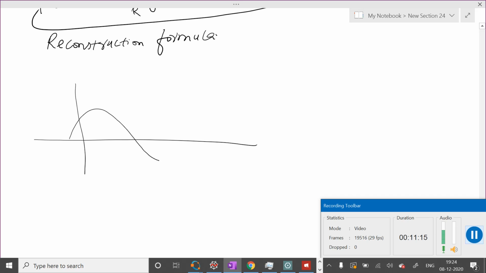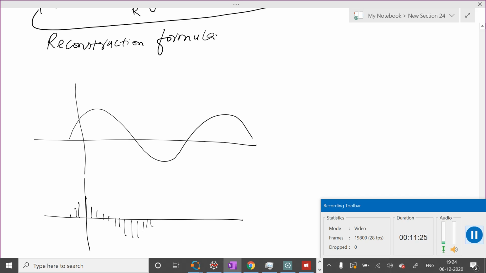So now comes the other thing. If this is your message signal, what we have done is discretize it. We are taking the samples, but the amplitude is still analog. Amplitude can take any value, right? This again is problematic.